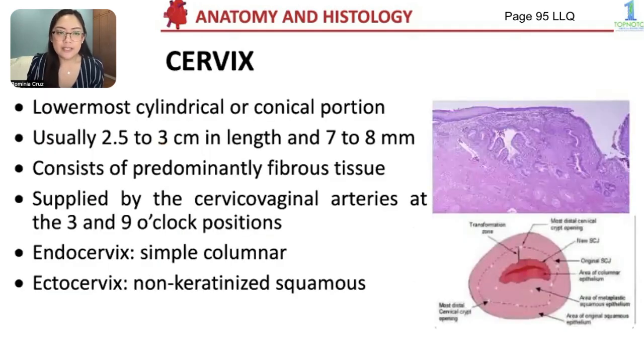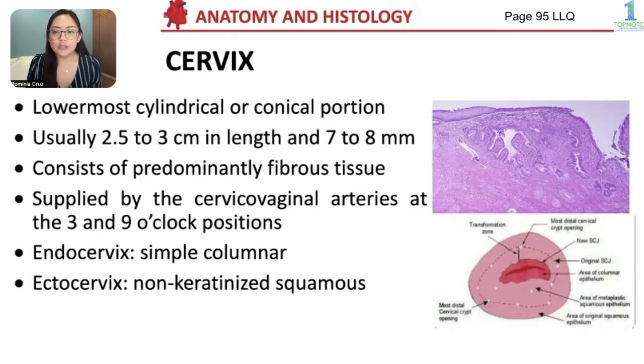So your cervix is the lowermost cylindrical or conical portion of the uterus, which consists predominantly of fibrous tissue in contrast to the primarily muscular corpus of your uterus. Above the point where the vaginal wall is attached to the cervix, this is called your portio supravaginalis.